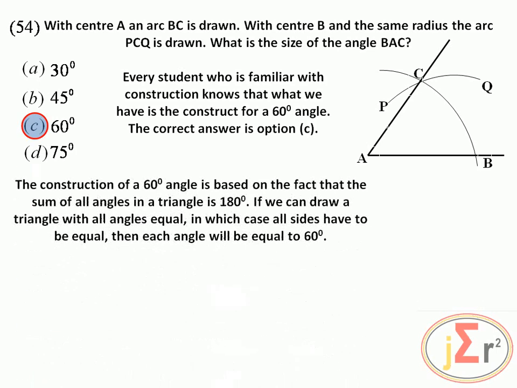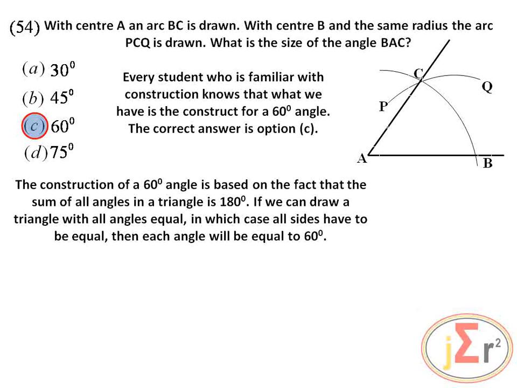The construction of a 60 degrees angle is based on the fact that the sum of all angles in a triangle is 180 degrees. If we can draw a triangle with all angles equal, in which case all sides have to be equal, then each angle will be equal to 60 degrees.